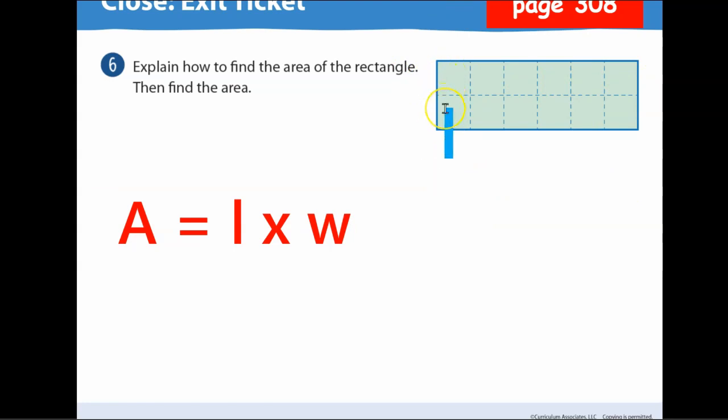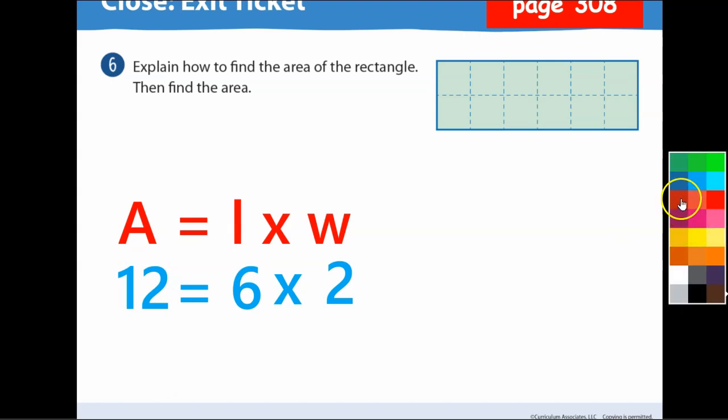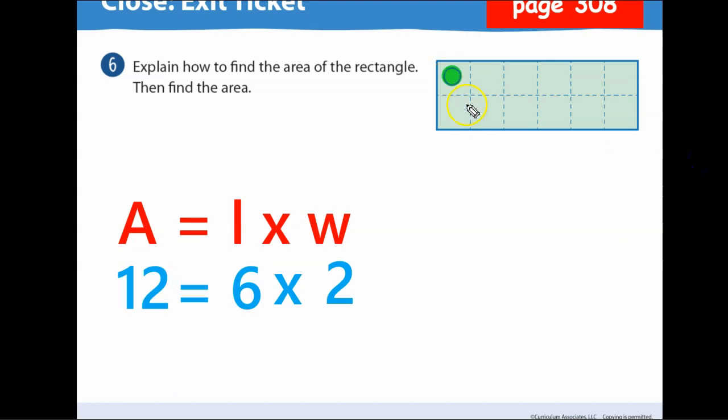The width is up and down. 2. What's the length across? How many squares across, guys? 6. So then 6 times 2 is 12. 1, 2, 3, 4, 5, 6, 7, 8, 9, 10, 11, 12. Voila.